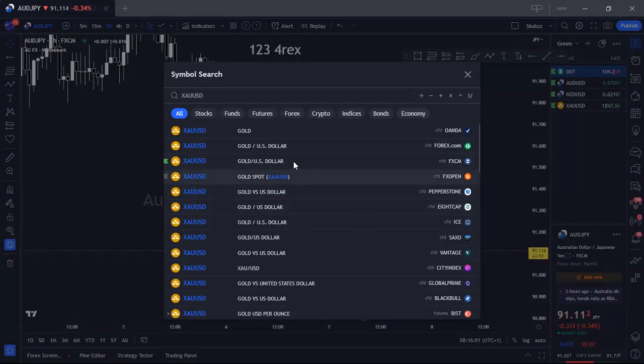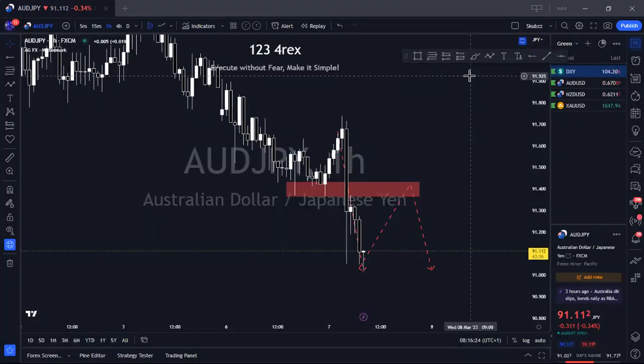It doesn't show anything like that. At the top here, there's a place that says all, stocks, funds, futures, forex. Make sure that all is highlighted, not just forex. Gold is actually a metal, so it's not forex. Okay, no problem. Thanks. No worries.